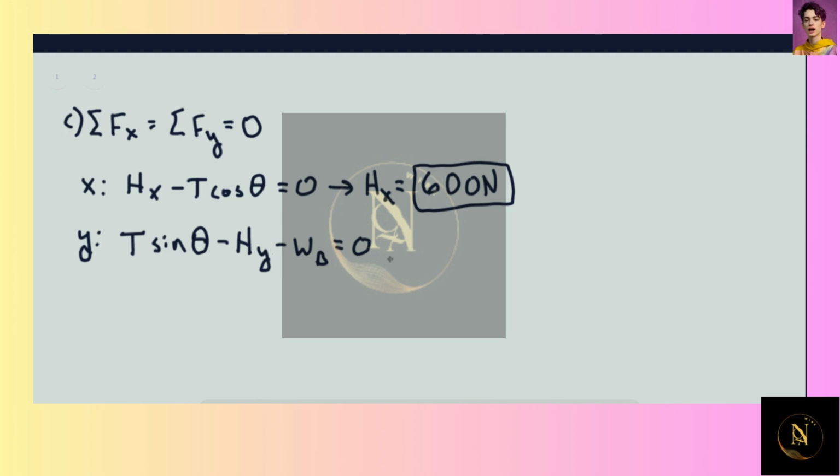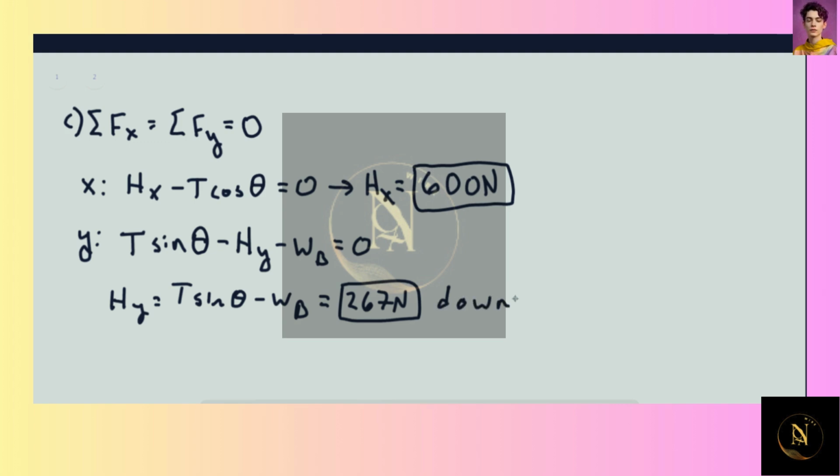Then adding this to both sides, h sub y equals just the difference between the vertical part of the tension and the weight. And this has a value of 267 newtons. Which means that the force is in fact downwards.